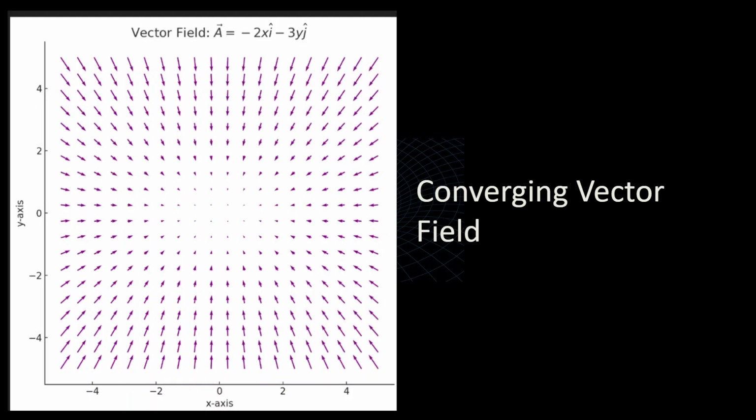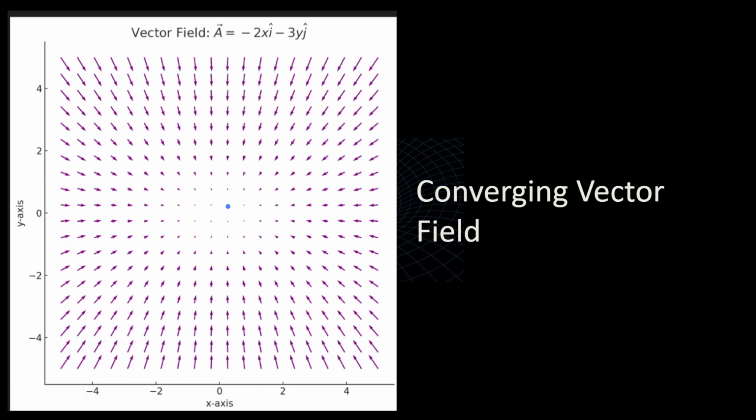Now something more we have. Now suppose if I take this, now you will find that all the vectors of this A for different x and y values, they are pointing towards one point.